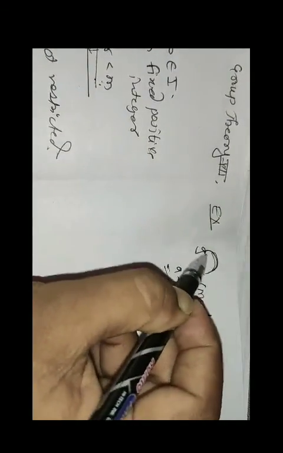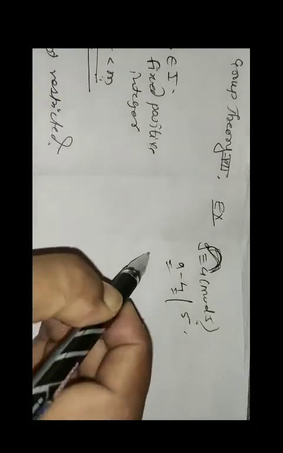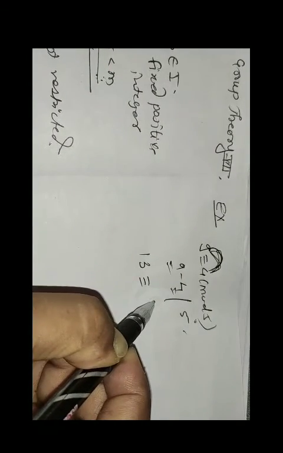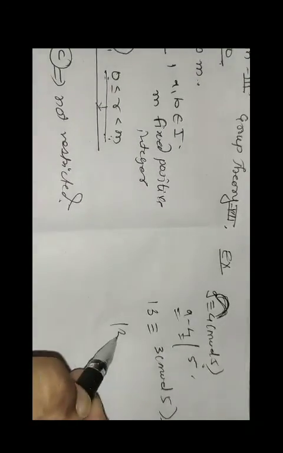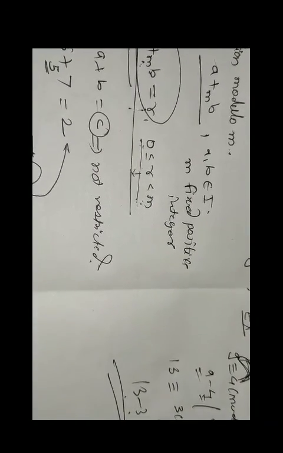Yes, therefore 9 and 4 are congruent. Similarly, 13 is congruent to 3 mod 5, since 13 minus 3 is divisible by 5. So this is the congruence relation.